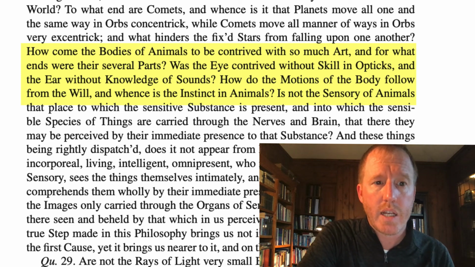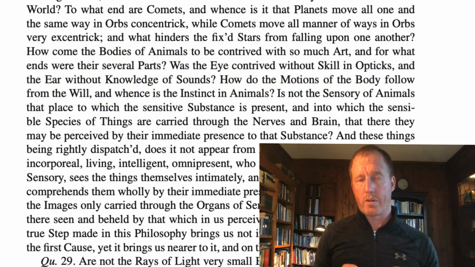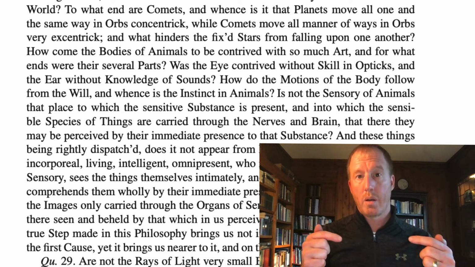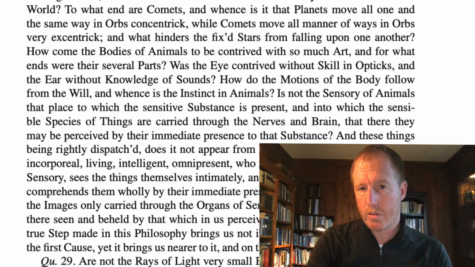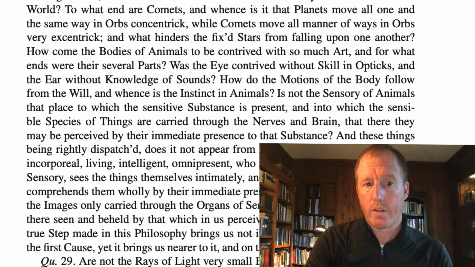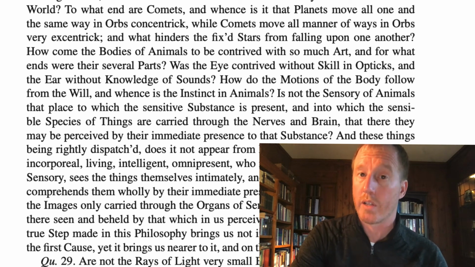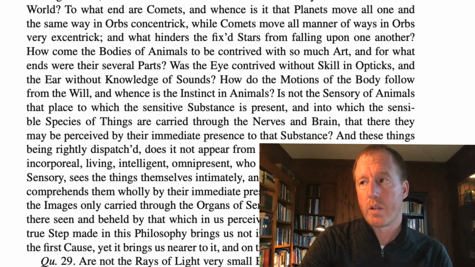And whence is the instinct in animals? And so he's asking these questions about nature, and nature seems to point to something beyond it. This is precisely what Newton is arguing here. And he does this more explicitly later on in one of his later chapters, where he makes an explicit natural theological claim that by looking at nature, one can deduce, using reason, the existence of God or a God.